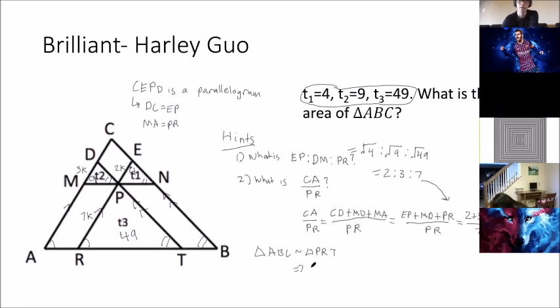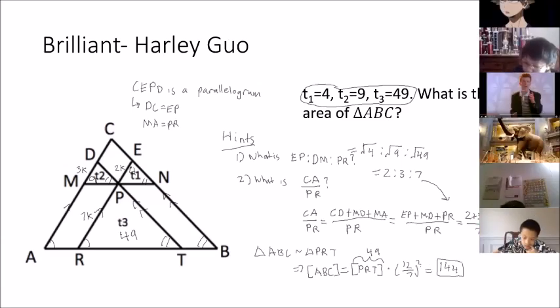So this tells us that the area of triangle ABC, which I denote as bracket ABC, is equal to the area of PRT times the side ratio squared, which is 12 over 7 squared. We know that the area of PRT is 49. So this gives us 144 as our final answer.